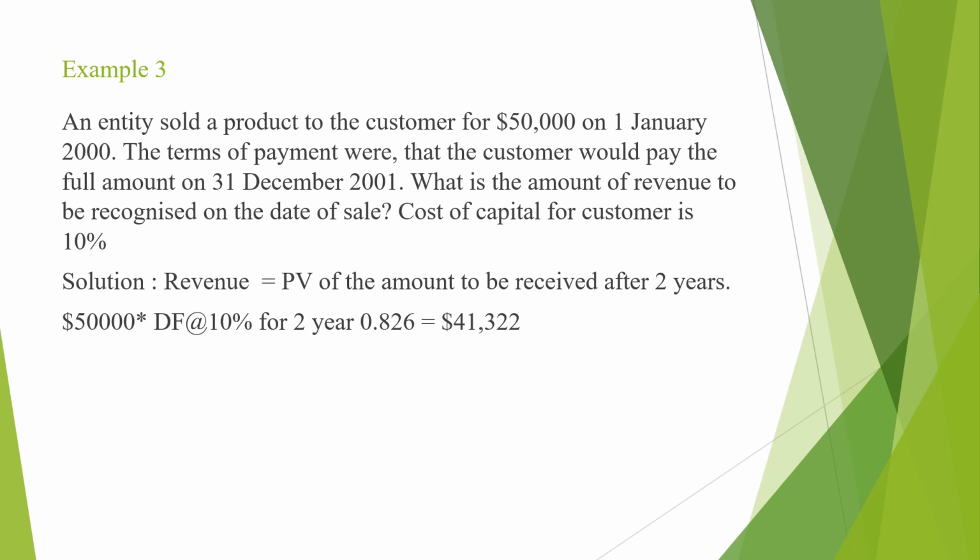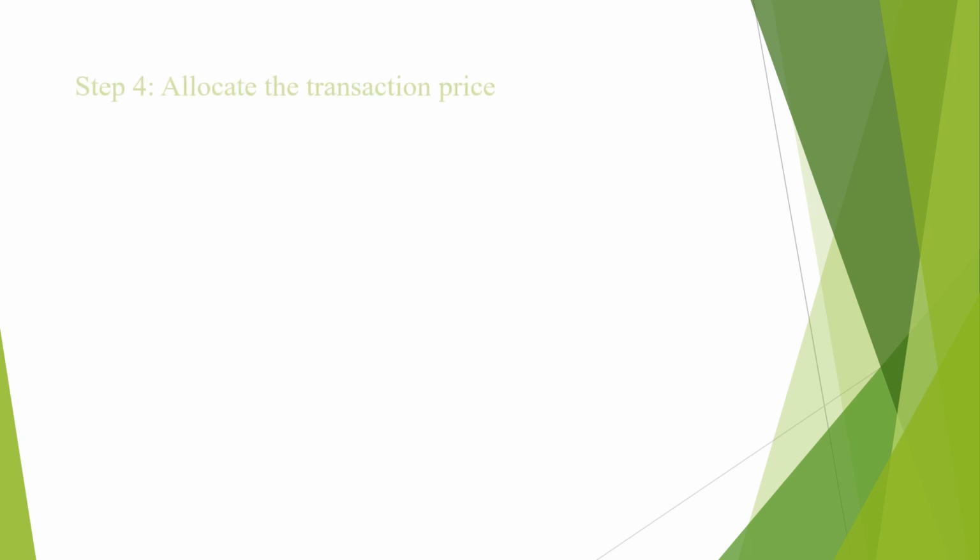So the amount would be 50,000 multiplied by the discounting factor of 10% for 2 years, which is 0.826. And the revenue to be recognized on 1st Jan when the transaction takes place would be 41,322. Revenue to be recognized on the sale of the product. I hope that was clear.